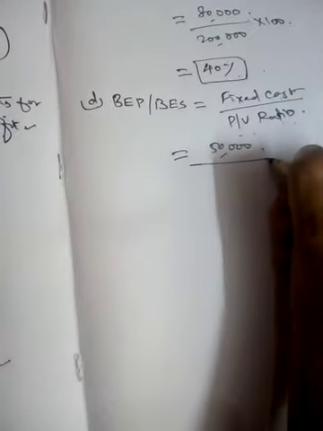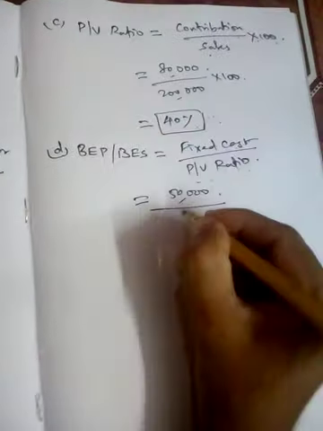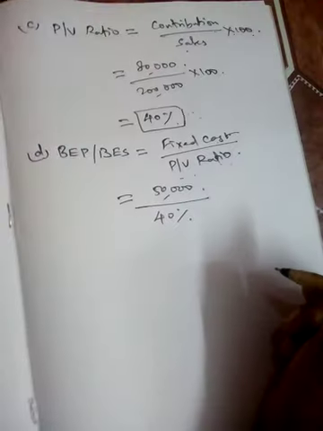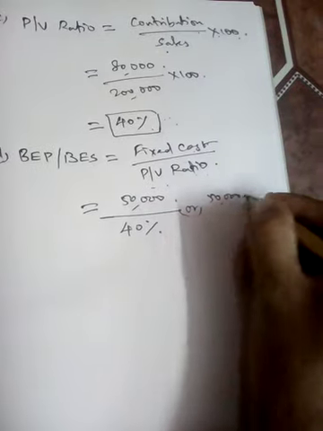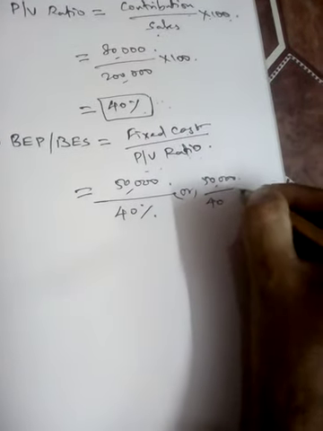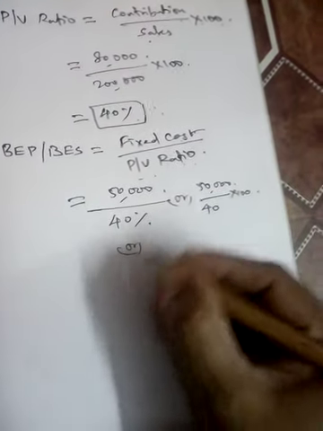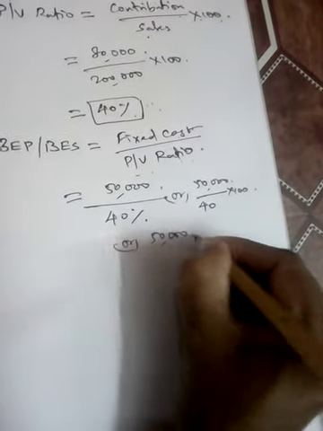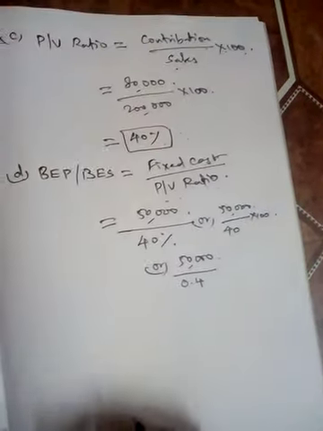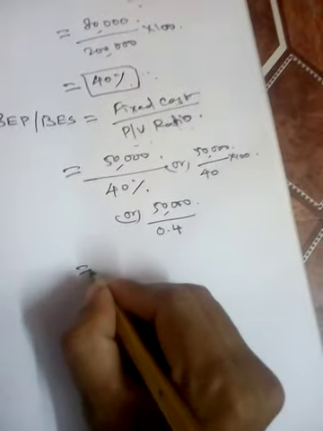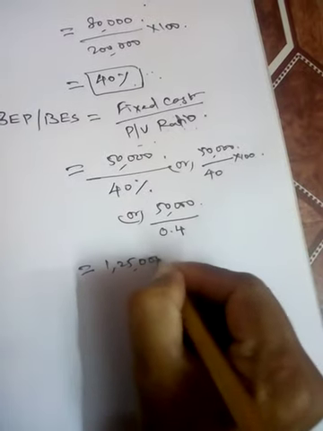50,000 as the fixed cost, and then the PV ratio we found here, so use the same 40%, or we can write it like this: 50,000 divided by 40 into 100, or we can write 50,000 divided by 0.4. So we get the answer, that is 1,25,000.